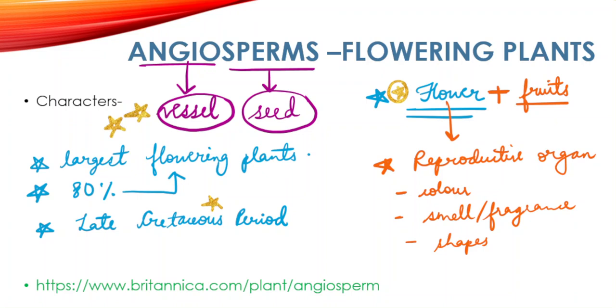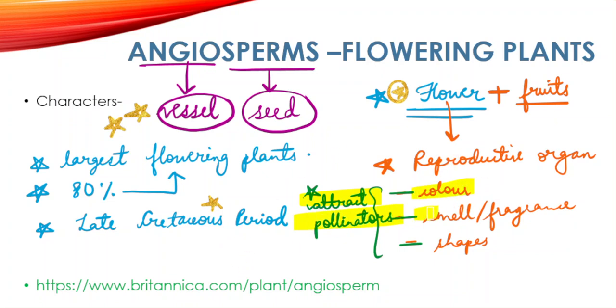These are present because they have to attract pollinators so that the pollen grain can fall on the stigma. We will learn about this in detail. Just remember that they have to attract pollinators.